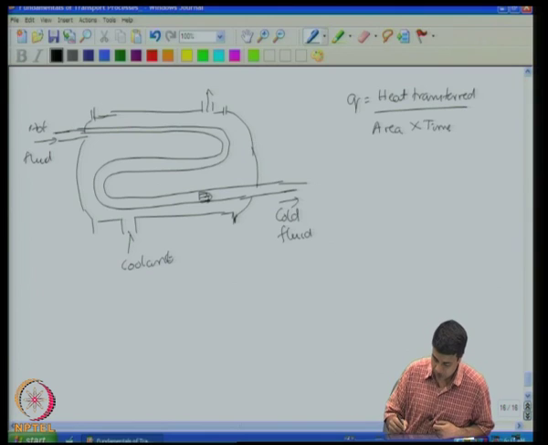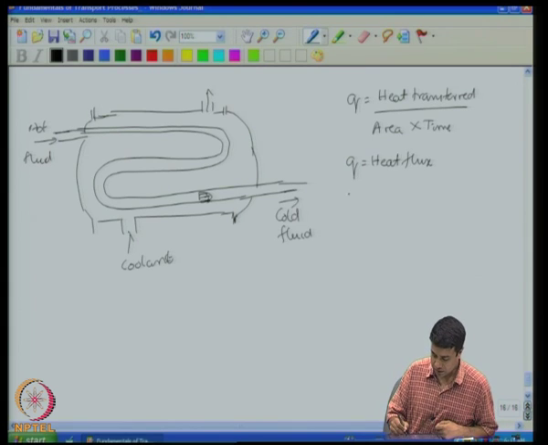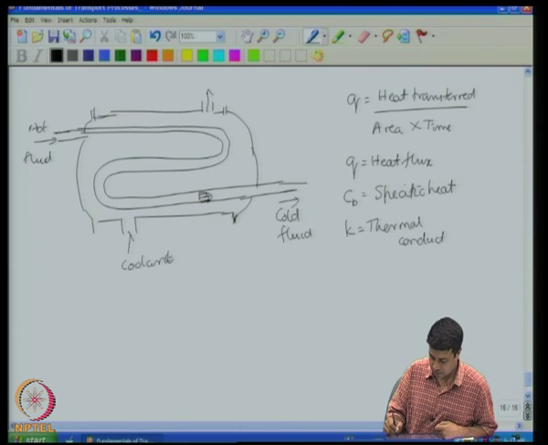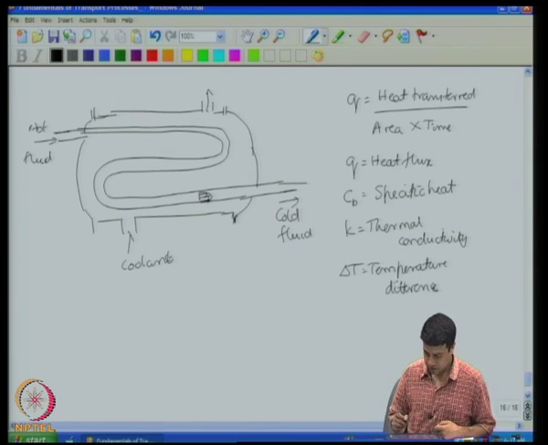So, what are the dimensional quantities that it is going to depend upon? One is Q, which is the heat flux. It is going to depend upon the specific heat, the thermal conductivity, and the temperature difference delta T. It will of course depend upon the tube diameter.